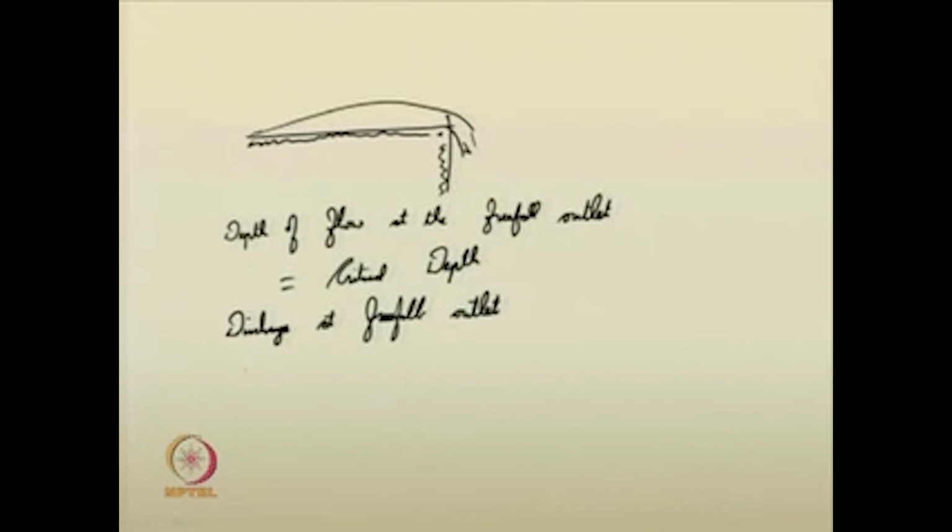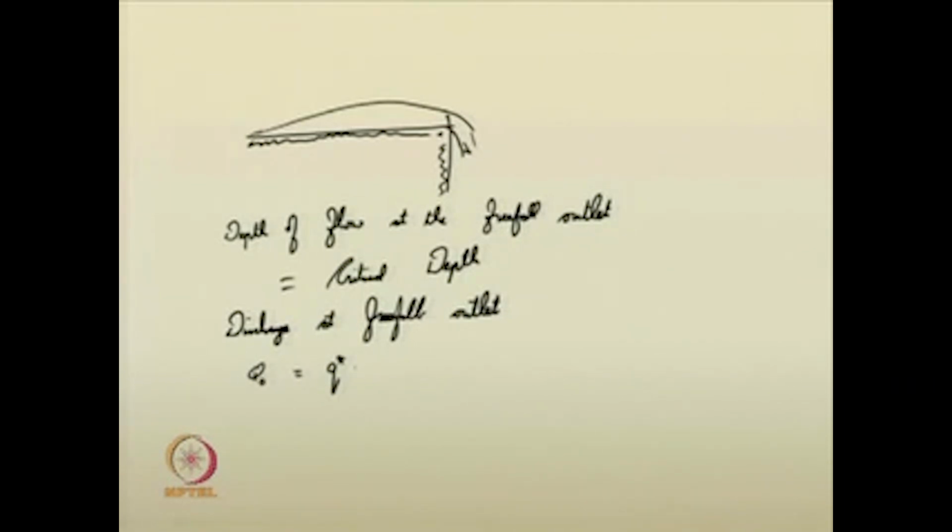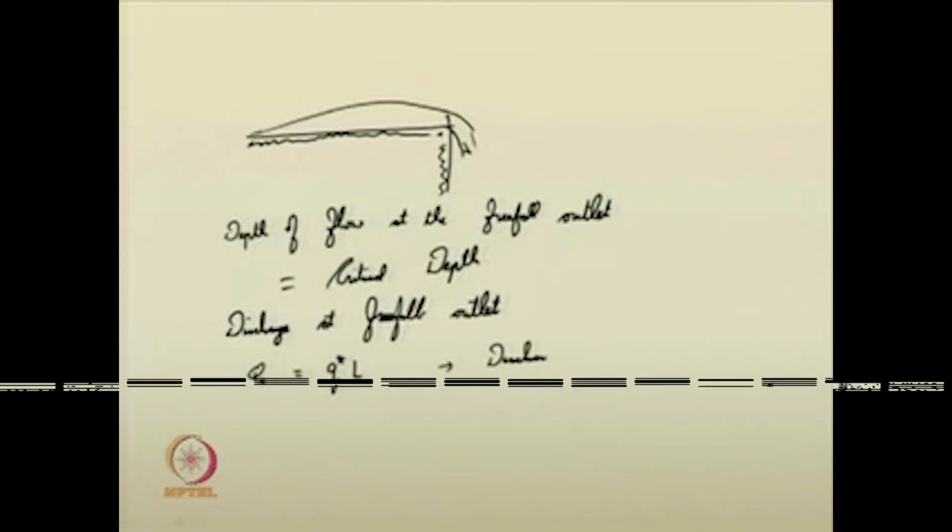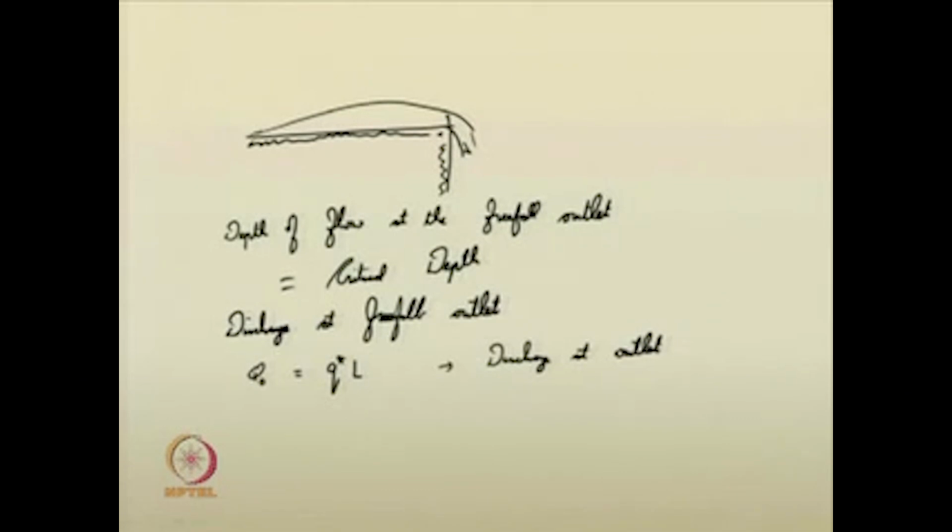So, we give the quantity Q_0, this is nothing but q star into the length of channel. So, this Q_0 is the discharge at outlet, or you can suggest now that q star is equal to Q_0 by L.